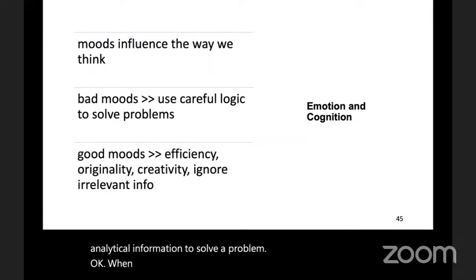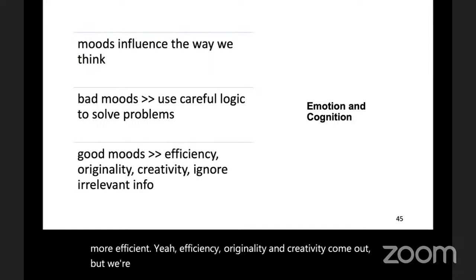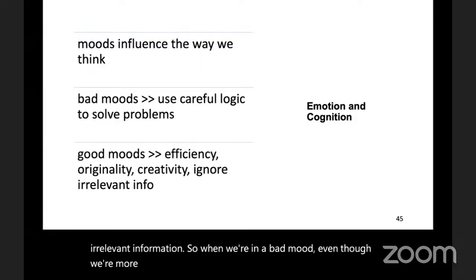When we're in a good mood, on the other hand, we're more efficient. Efficiency, originality, and creativity come out. But we're also more likely to ignore irrelevant information. So when we're in a bad mood, even though we're more logic-based and problem-solving based, we might go down some rabbit hole, as you would say.